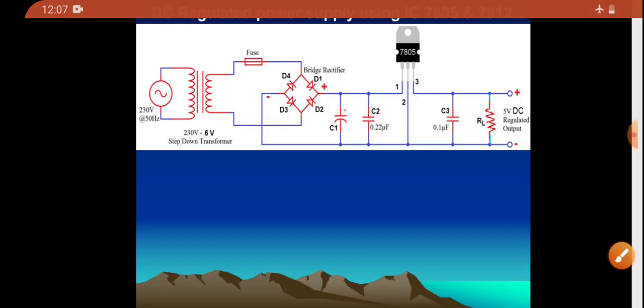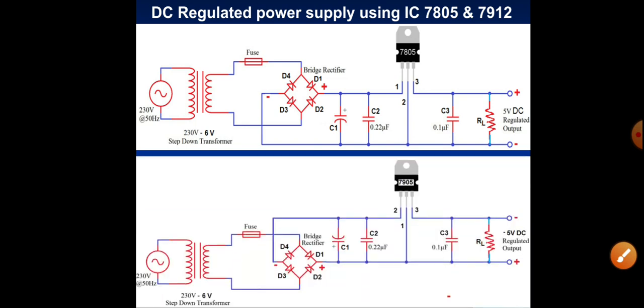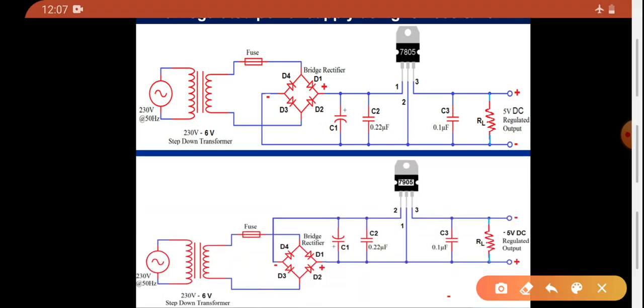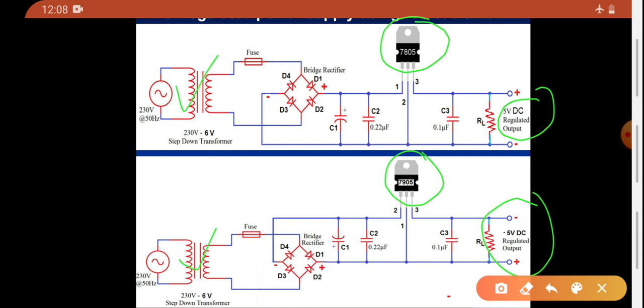Let us compare these two circuits. The above circuit, 7805, will generate plus 5 volt DC, and 7905 will generate minus 5 volt DC across the load. Transformer is there, here also a transformer is there, step down transformer, 6 volt, 6 volt. The next change is that here the negative terminal is connected to pin number 2, the input pin of the IC.